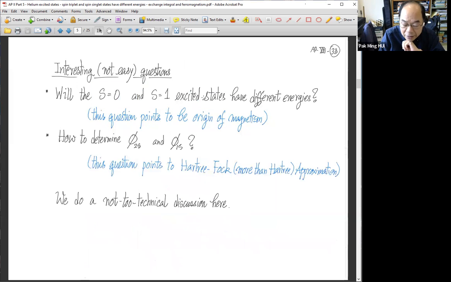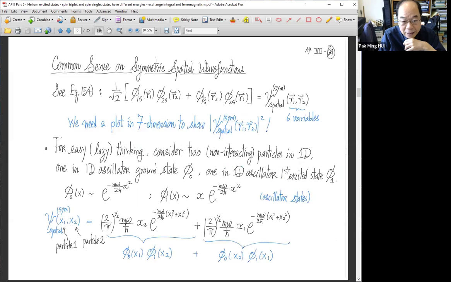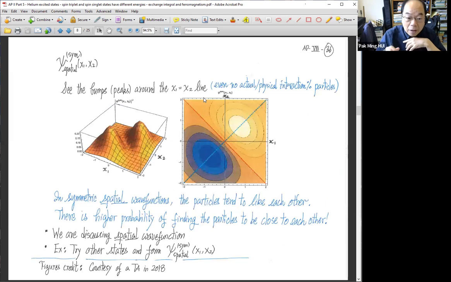The reason is a high-level quantum mechanical common sense. When the spatial wave function is symmetric, as the TA also showed this week, the probability density, the wave function squared, will show that the 2 particles tend to be closer to each other.